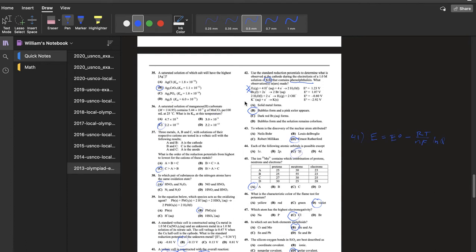So we need to pick one of the bottom two and one of the top two and try to get as close to 0 but still below 0 as possible. That means we have to flip these two because they can't go in the forward direction, so this becomes negative, this also becomes negative, and we keep these two the same.